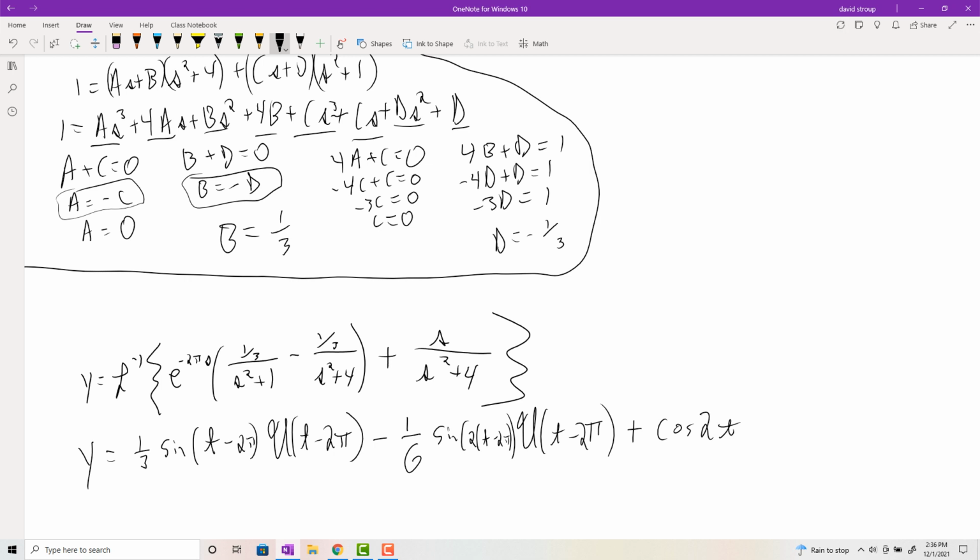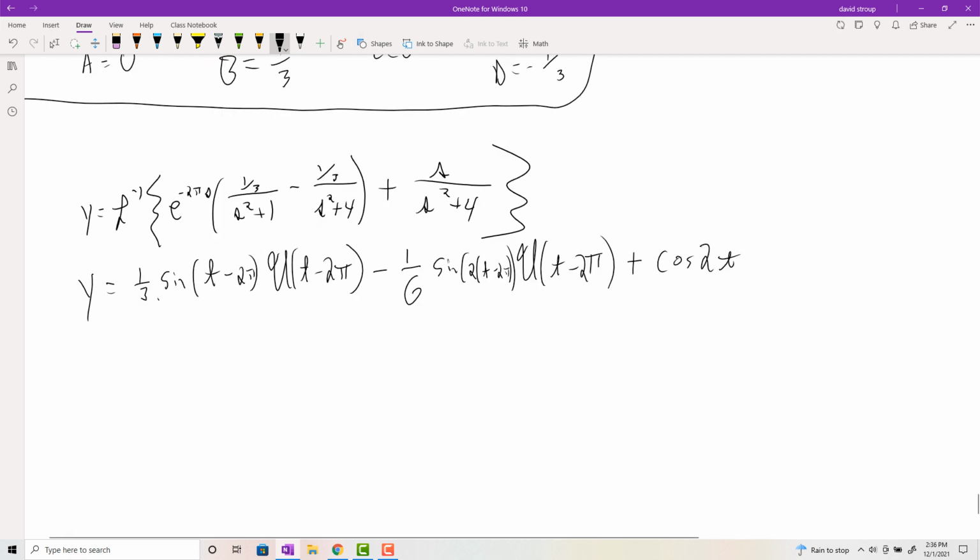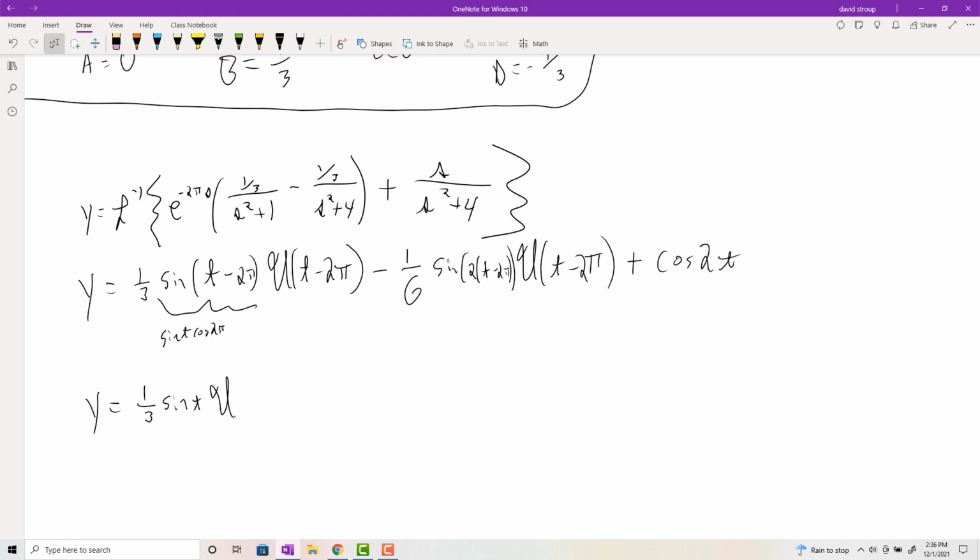Finally, then, clean up these parts with the sine formula. So here, this will be sine t cosine 2 pi, and then minus 0. So that's just going to be sine t. So I have y equals 1/3 sine t Heaviside of t minus 2 pi. Then this part is sine of 2t minus 4 pi.